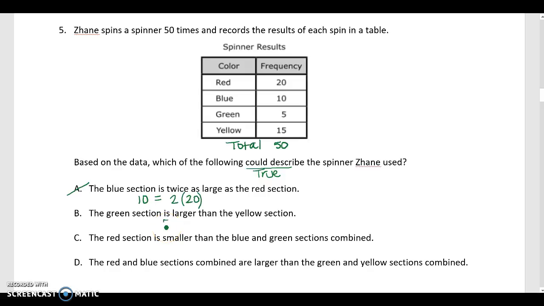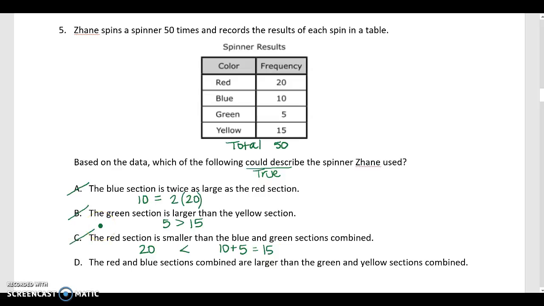Well, 5 is not greater than 15, so no. The red section, which is 20, is smaller than the blue and green combined. So blue plus green, 10 plus 5, that's 15. So no, 20 is not smaller than 15.